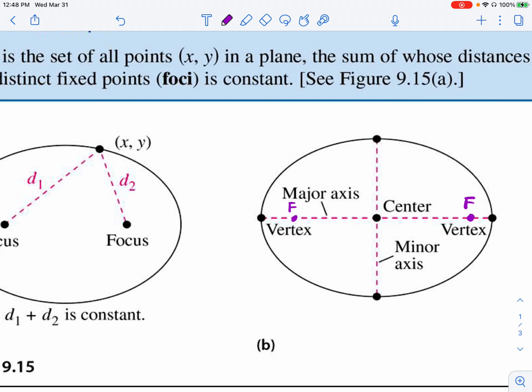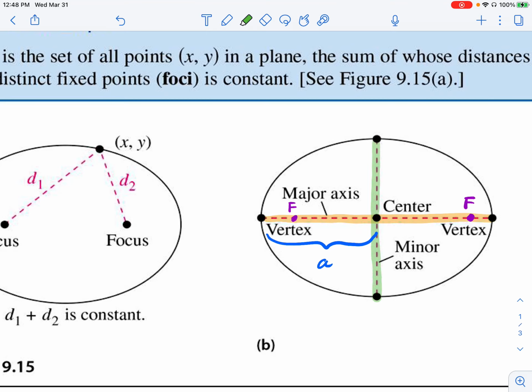So the major axis is the line that runs through the center, the vertices, and the foci. And we are going to label, let me do this in a different color, the distance from the center to the vertex. We're going to call that value A. Now, perpendicular to the major axis is something that we call the minor axis.